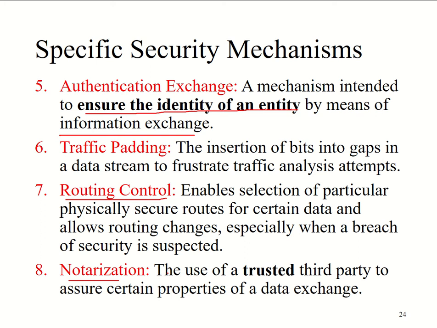Notarization is all about trusting someone. They use a trusted third party to secure certain properties and exchange. For example, we trust Microsoft. We save the data on a Microsoft account. So if something comes from Microsoft, then we say it is secure. We trust this because it's a well-known company.